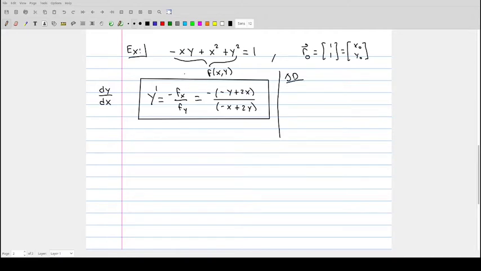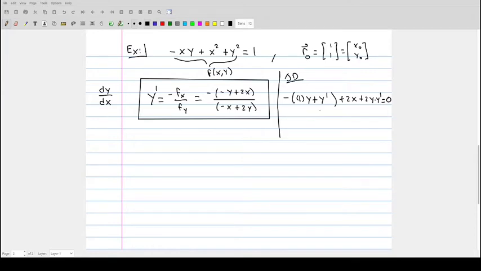So from 1D calculus, doing implicit differentiation on this, you'd have to go through and use the product rule right here. The x derivative of this expression is going to be 1 times y plus y prime. The x derivative of this expression right here is going to be 2x. And the x derivative of this expression right here is going to be 2y times y prime. And the x derivative of 1 is just 0, because the derivative of a constant is 0.